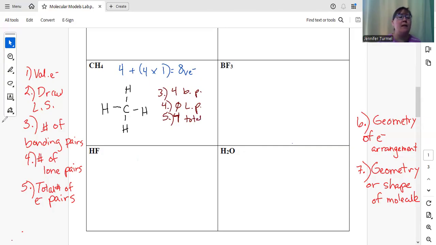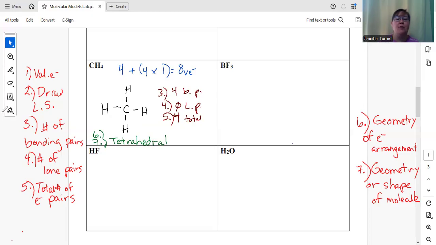Okay. And then we're going to take a look at our geometries. If we look up for 4 domains, we will see that it is tetrahedral. And you'll notice with this one as well that 6 and 7 are going to be the same because we don't have any lone pairs.